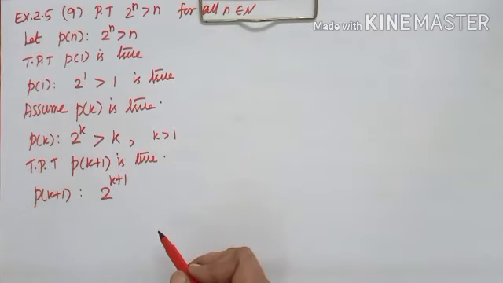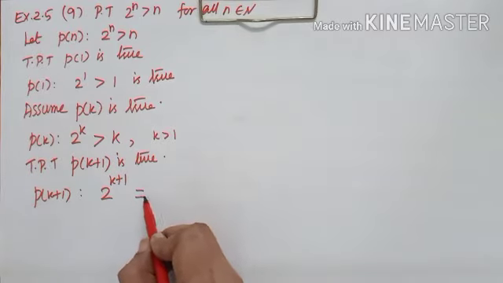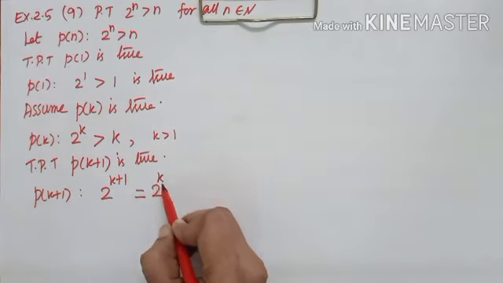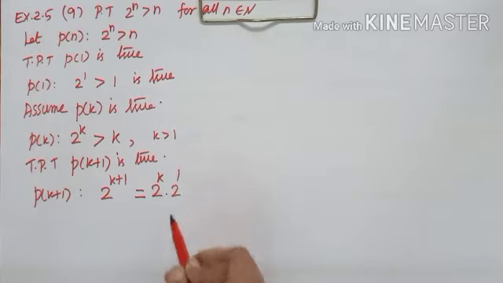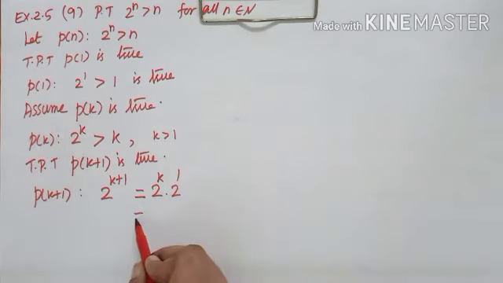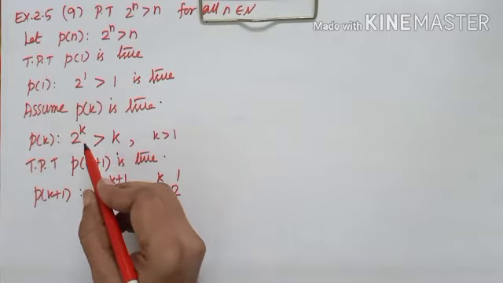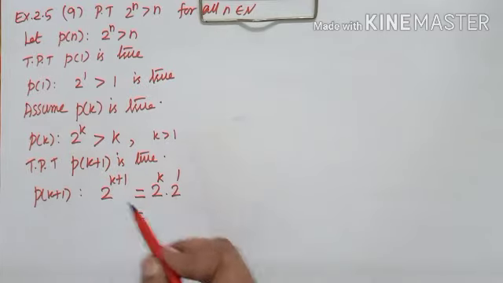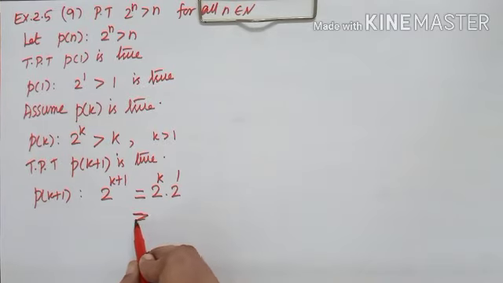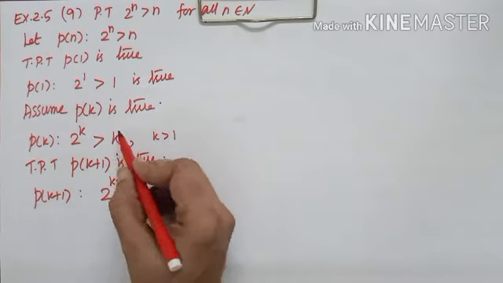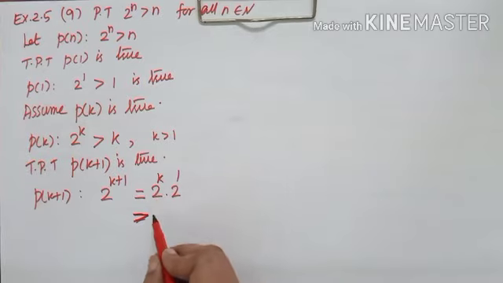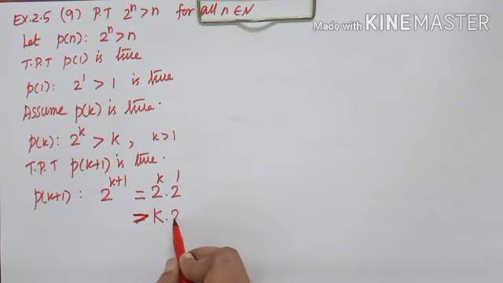How to write 2 power k plus 1? 2 power k plus 1 can be written as 2 power k into 2 power 1. What is 2 power k from here? 2 power k is greater than k. So I will write this is greater than k into 2.